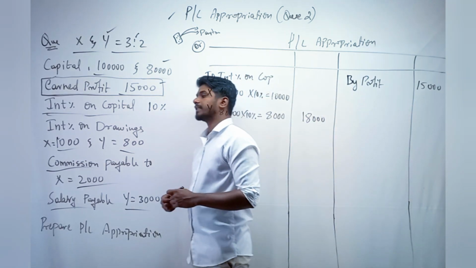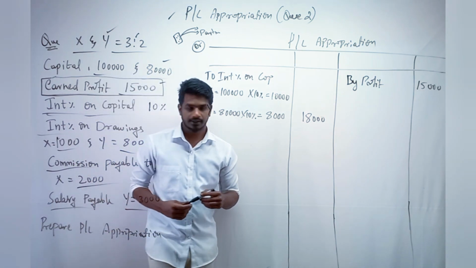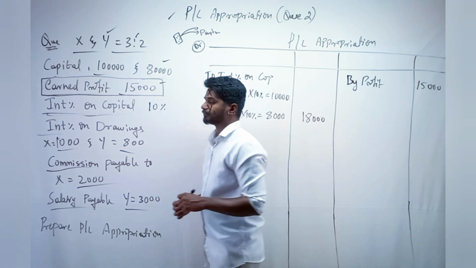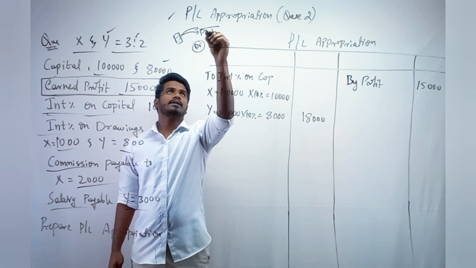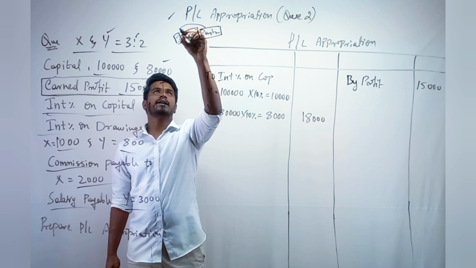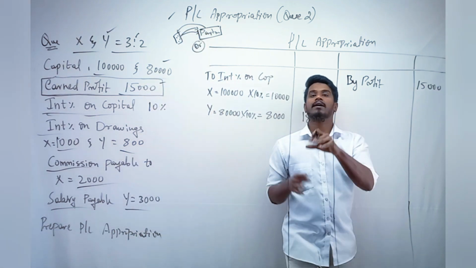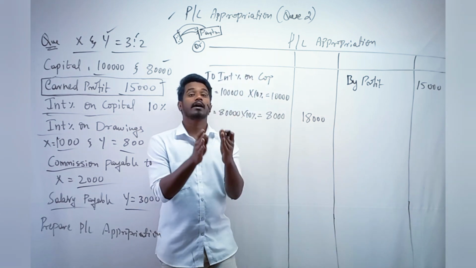Next, we have the information of drawings. It is 1,800. So interest on drawings means the partner withdrew some amounts, and for that he will pay interest to the firm. So cash is coming into the firm, which means the firm is earning an income.